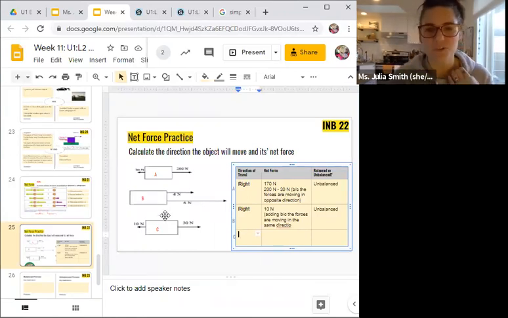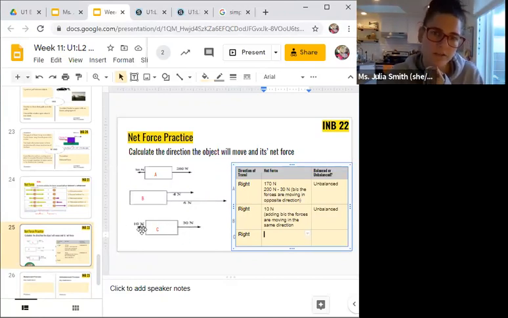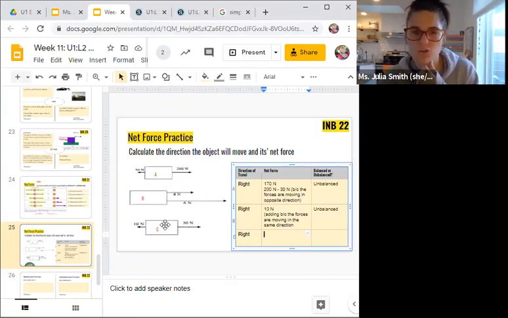All right, hopefully you said that the box is going to move to the right because this force is stronger than this force. 30 newtons stronger, and you can even just look at the length of the arrows there. And so we've got a box that's going to move to the right, but because we have this force counteracting some of this force, we've got to subtract because we're moving in opposite directions.